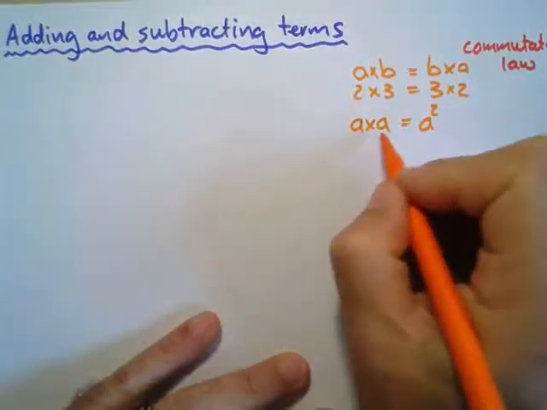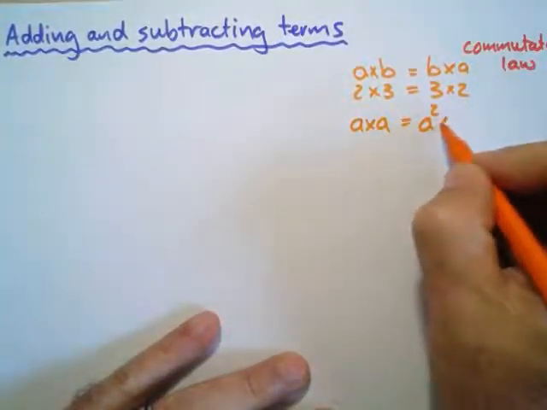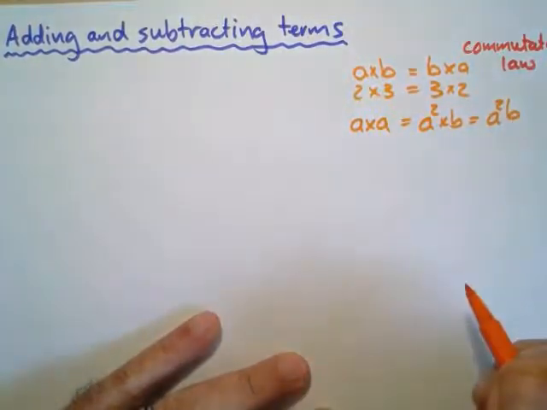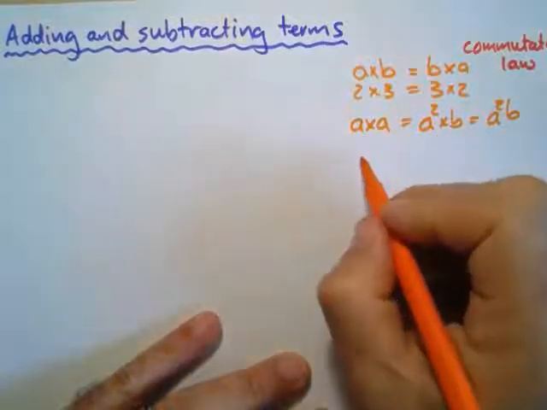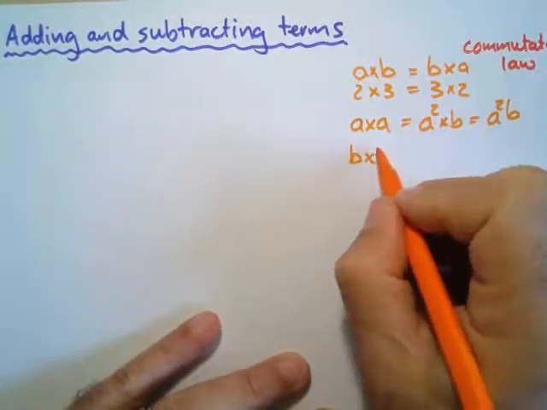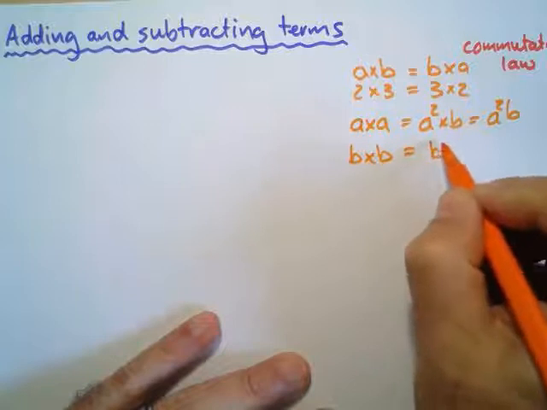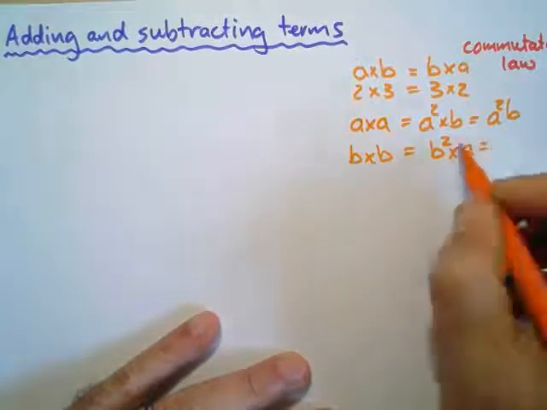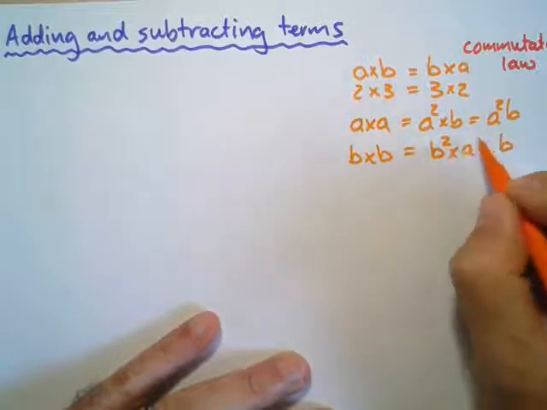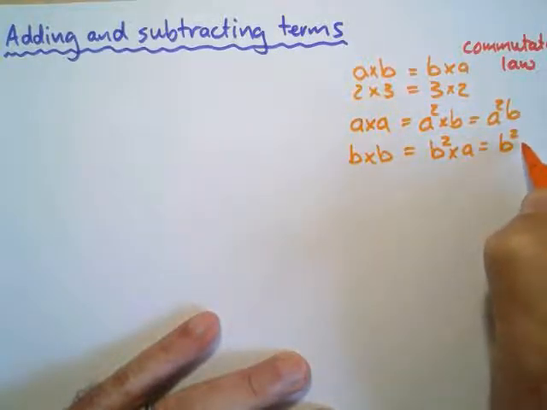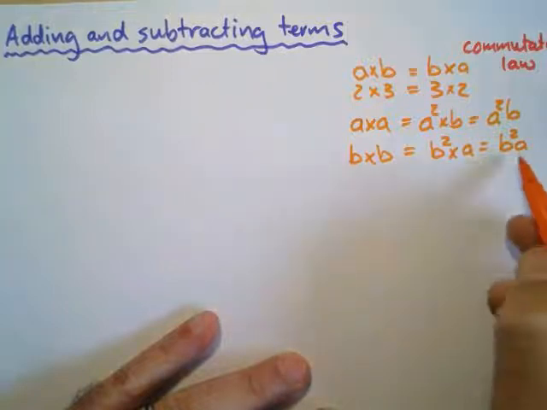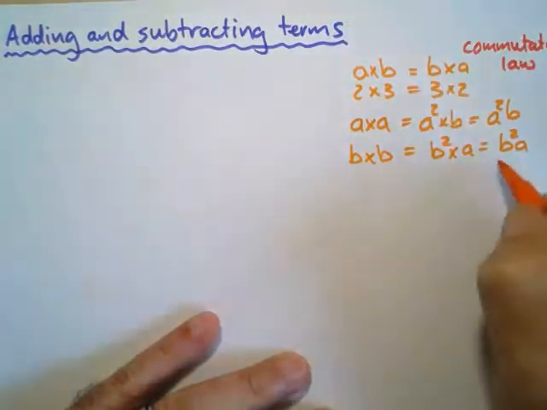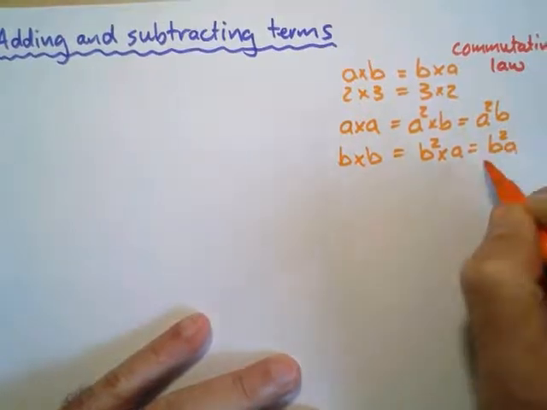And if I multiply this A squared by B, my answer will be A squared B. However, if I have B times B, that will equal B squared. And if I multiply this by A, that will be B squared times A.